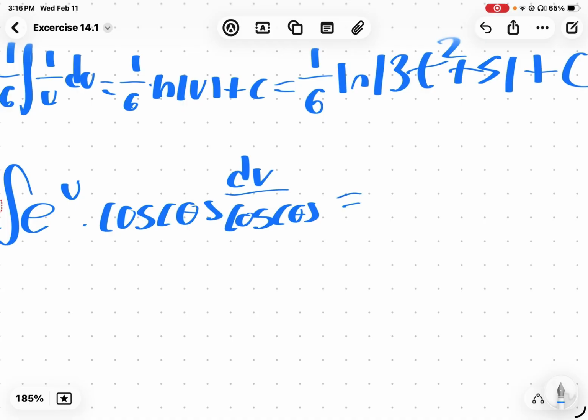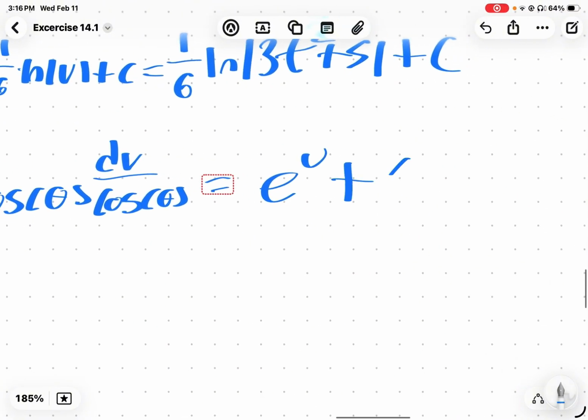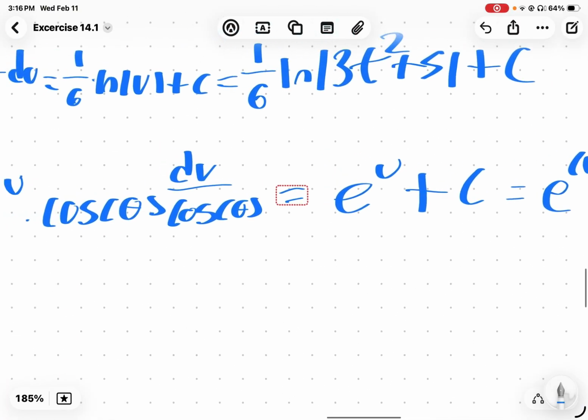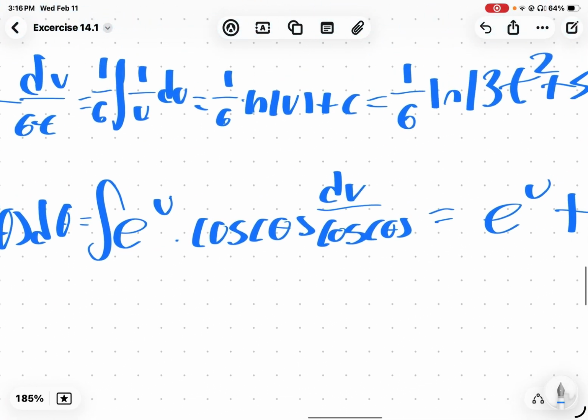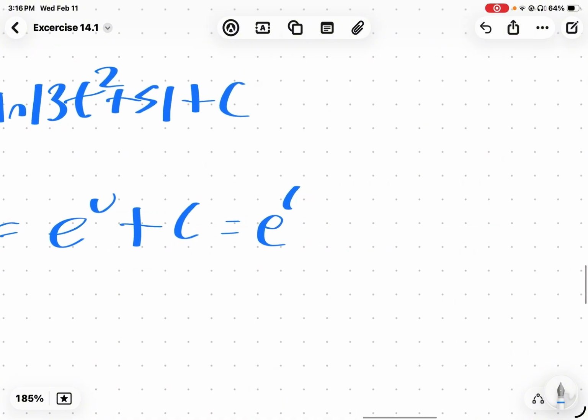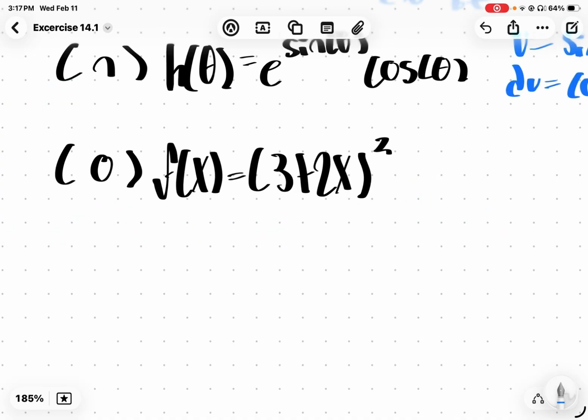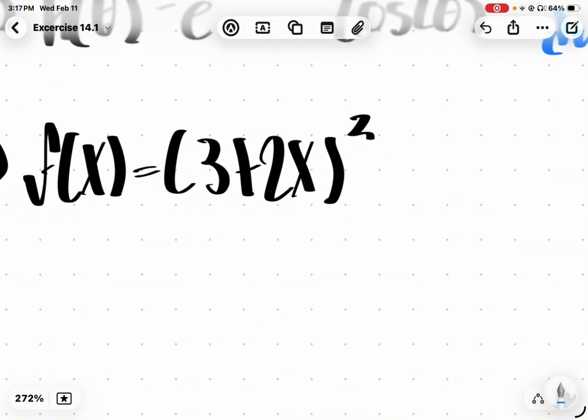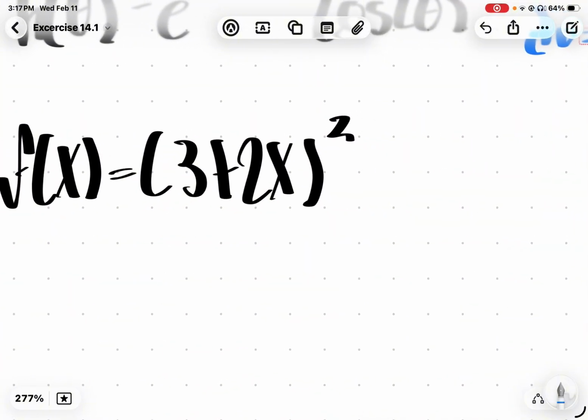So then we have the integral of e to the power of u, which is just e to the power of u plus c, which equals e to the power of sine of theta plus c. Moving on to part O, we have f of x equals 3 plus 2x squared.